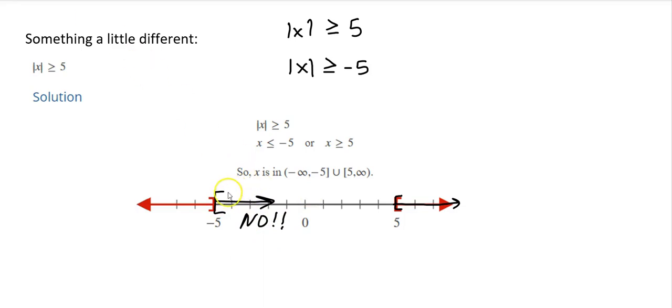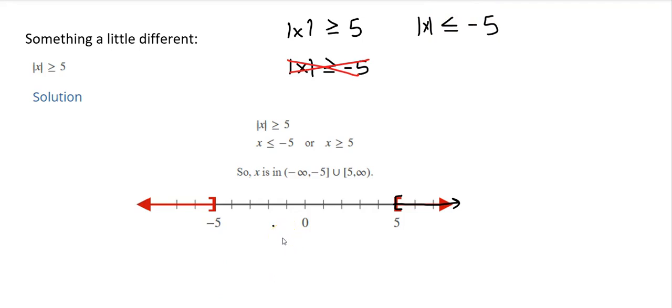So the reason when you have a greater than or equal to, or even just a greater than, you're going to have to flip the signs. So come in here, get rid of that one. So that's why you have this flipping of signs here. Then you would have the absolute value of x is less than or equal to -5. That's the reasoning for the flipping of the signs.